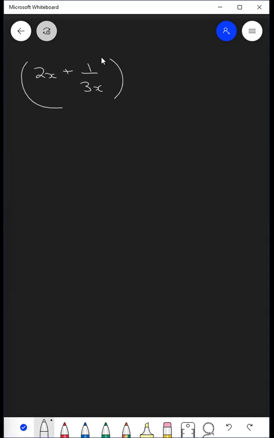A simple question, but I'm sure some of you will get this wrong. Expand 2x plus 1 upon 3x, the whole thing cubed. I'm sure some of you will mess this up also.